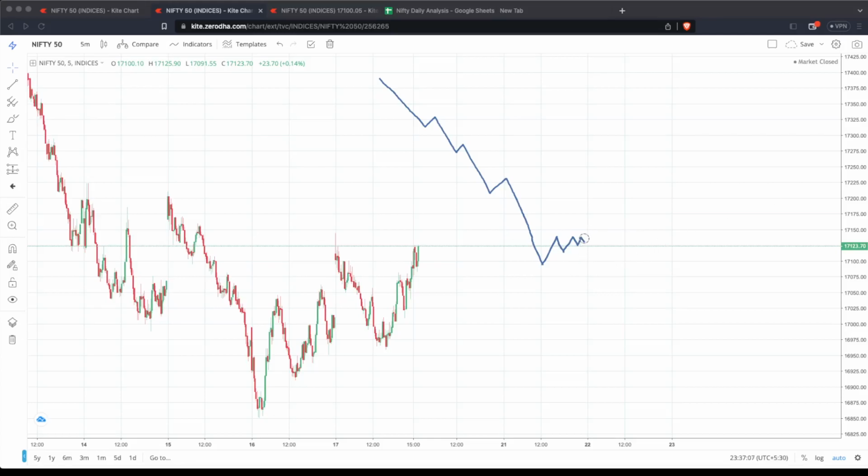So let me make it a little more clear here. Okay, this is the next top in a wedge pattern. So what happens in a wedge pattern is, you connect the bottoms.